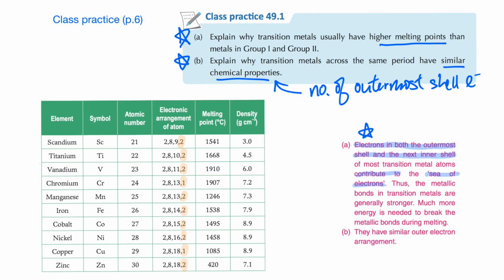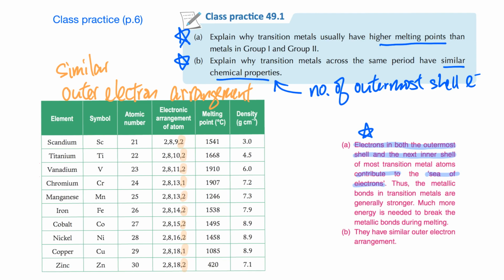So they have either 1 electron or 2 electrons in the outermost shell. You'll find that the outer electron arrangements are very similar. The outer electron arrangement means the outermost shell. So therefore, you'll find that the chemical properties will also be very similar.